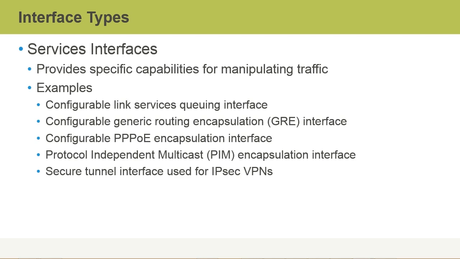For instance, there are queuing services that can be added. There's GRE encapsulation services, so they do have an interface service for that as well. PPPoE encapsulation interface. There's tunneling protocols or tunneling service interfaces that can be added for VPN-type communication or IPsec encryption. So a large number of different service interfaces can be added to the device to add that specific type of functionality to the device.